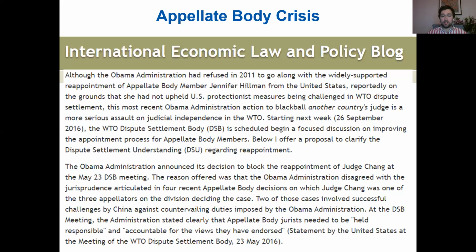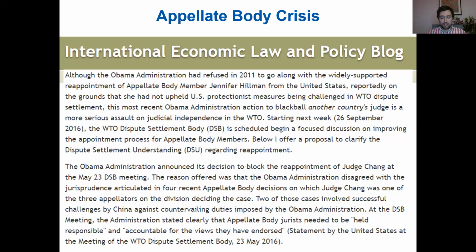So the administration straightforwardly expressed that they don't like the decisions, they don't like to be found in violation of WTO rules, therefore they will not reappoint these members. And that was the starting point of the whole conflict, because it started then, and with Donald Trump, this policy kept further and further and further. No other members of the appellate body got reappointed.